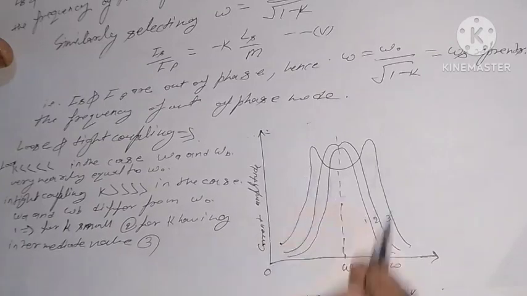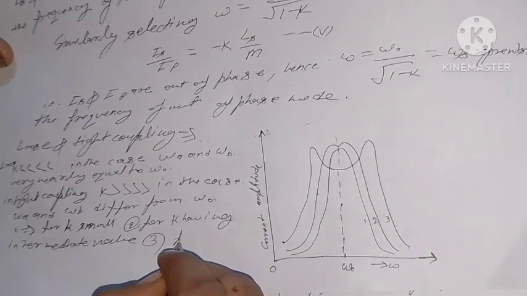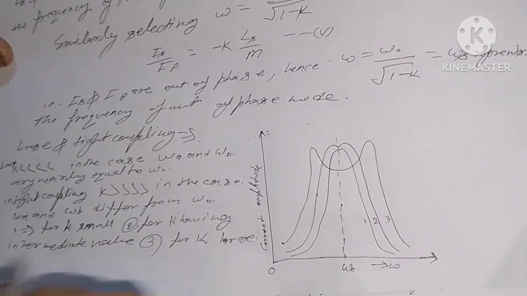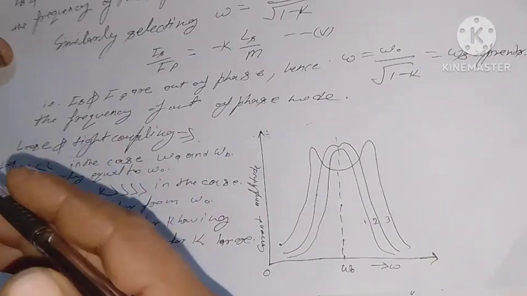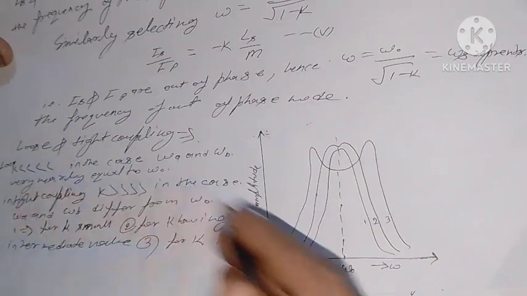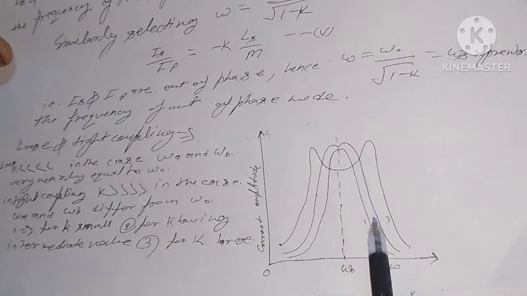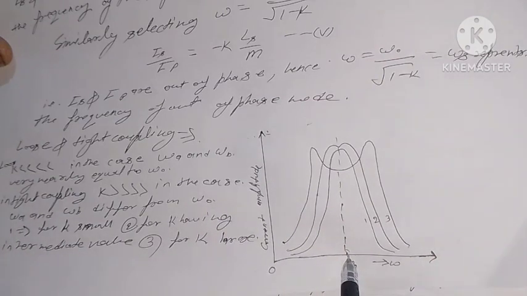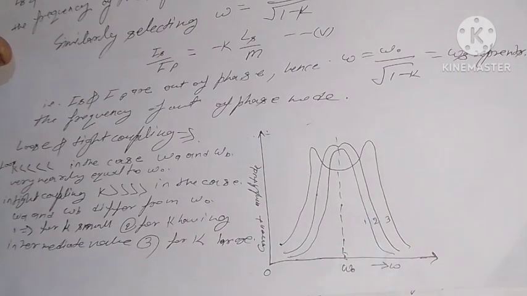And third figure, for K large. It may be noted that for K small, loose coupling, bandwidth is negligible. Resonance occurs at one frequency. For K large, that means tight coupling, bandwidth is large. Resonance occurs at two widely apart frequencies.